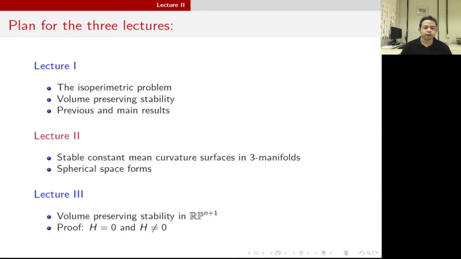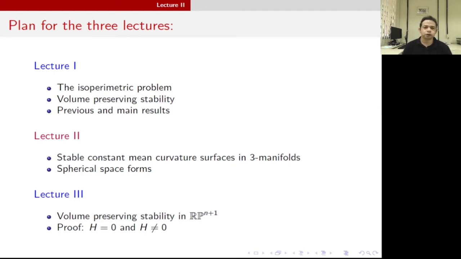So in this lecture video, I will continue discussing the problem of classifying stable constant mean curvature surfaces. This time I will focus on three manifolds where we have specific two-dimensional features that are very useful in studying this classification for stable CMC surfaces.